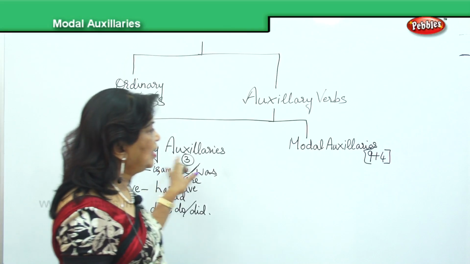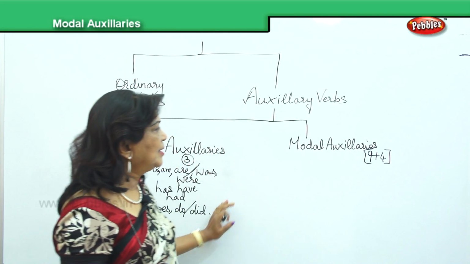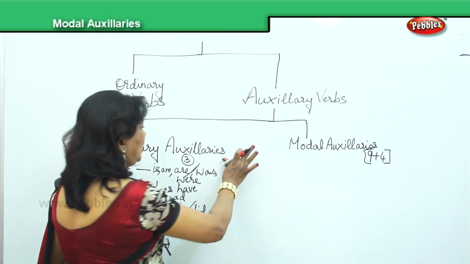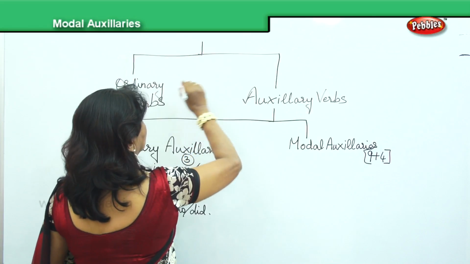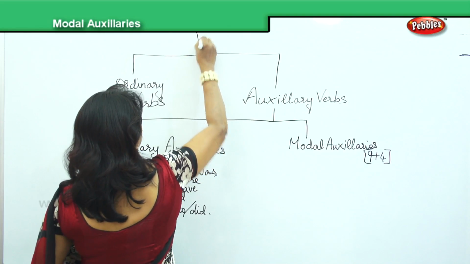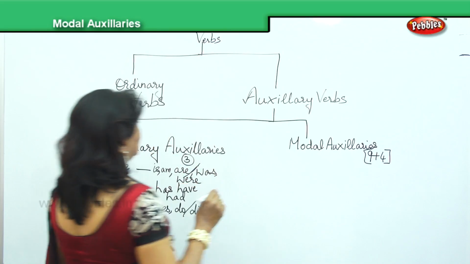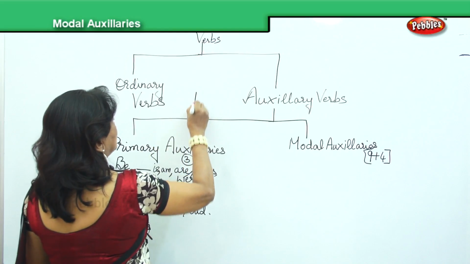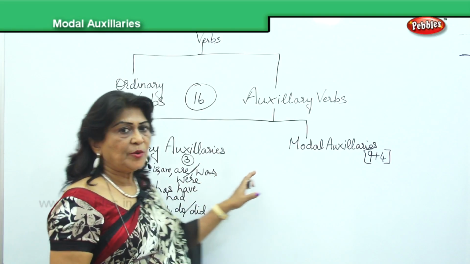This is 3 and this is 9 plus 4. So, altogether they are 16. Now, let us see the modal auxiliaries.